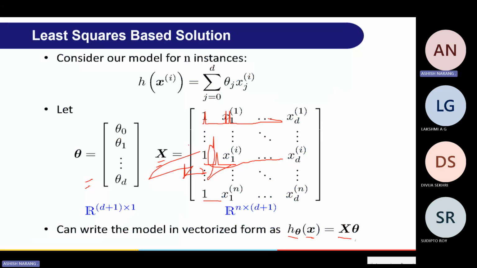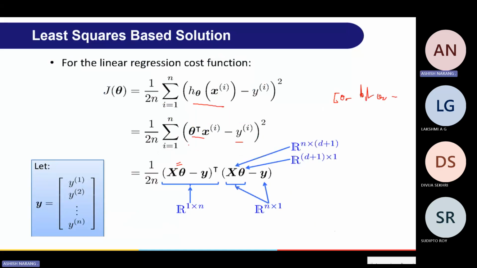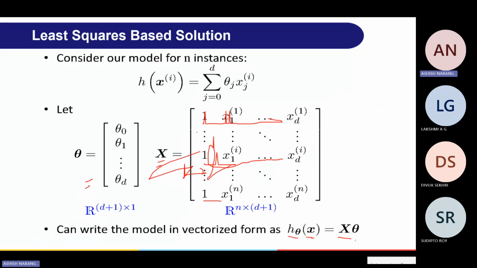Finally this h theta x is going to be X theta, because this is now for all the observations. I'm applying this theta value to all the observations. If you see, I'm applying all these weights to the first row, then the second row, then the nth row.